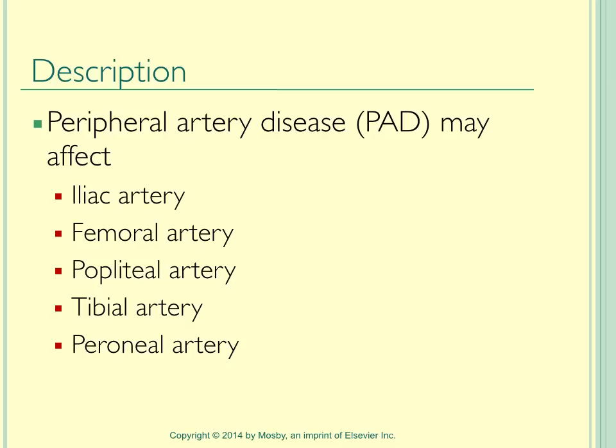It can happen in the femoral artery or popliteal artery. But if the patient has diabetes, then it tends to develop in the arteries below the knee. In advanced peripheral artery disease, multiple levels of occlusions or blockages can be seen.